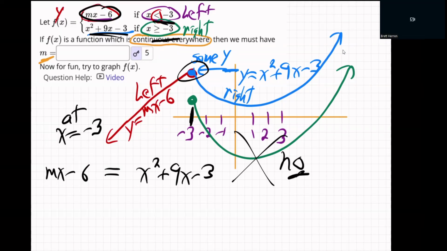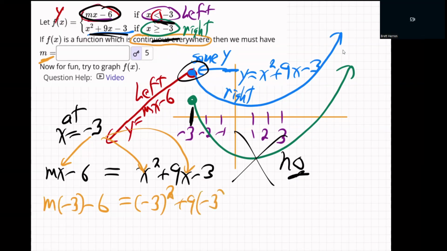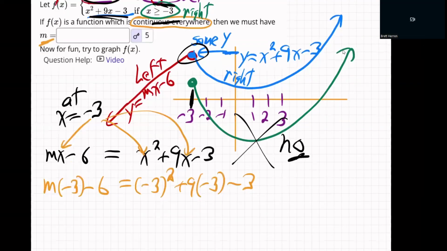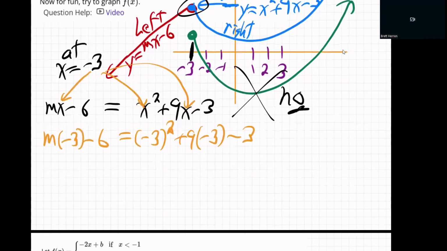So if I plug in -3 there and there, they've got to match up. So m times -3 minus 6 has got to be equal. Remember, you put parentheses around things you're plugging into functions. That's got to be a true equation. They got to match up, same height.